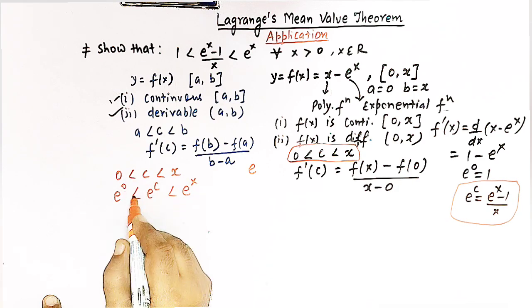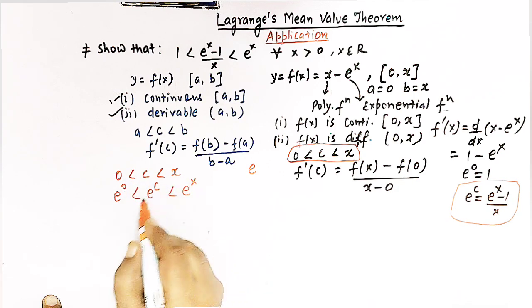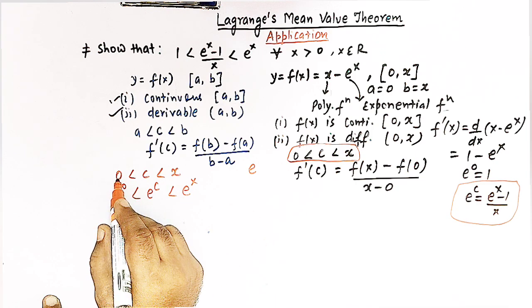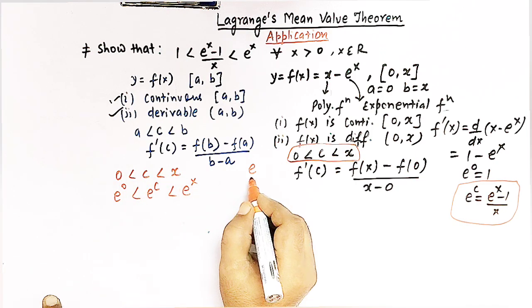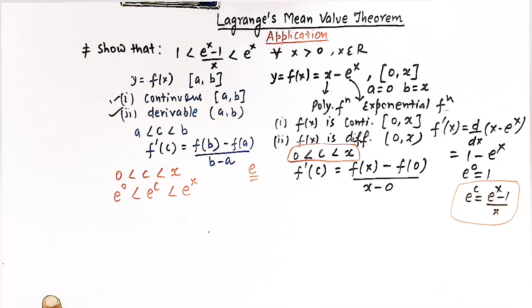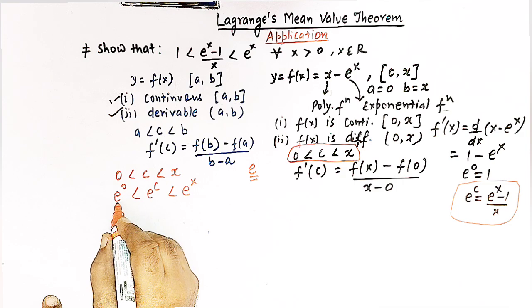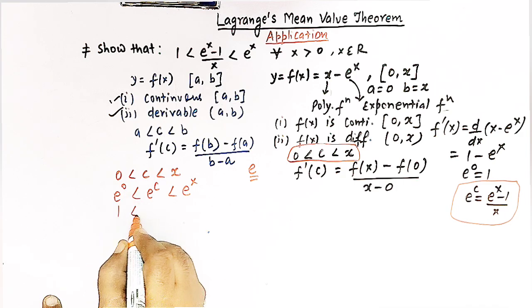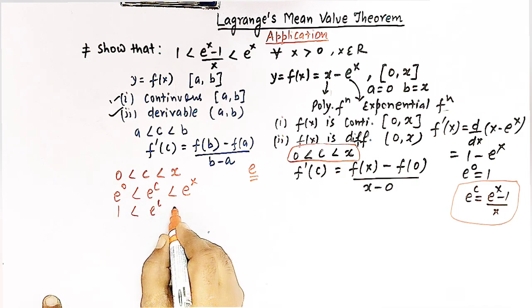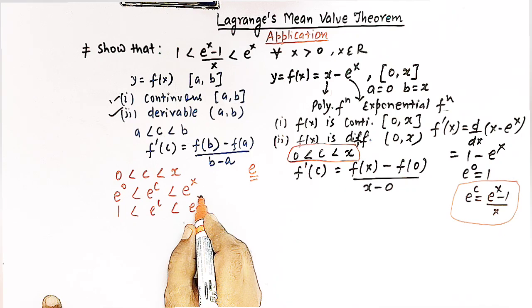Now the direction of the inequality remains the same when we raise these three terms to the power of e, because the exponential function is an increasing function, right, for all values of x. So now here e raised to 0 is 1, and here we have e raised to c, and here we have e raised to x.